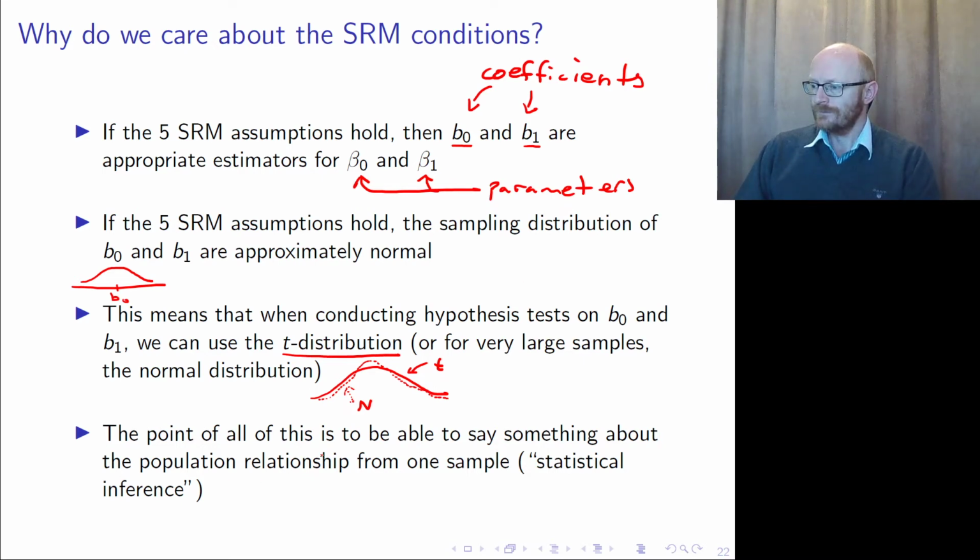So really the point here is that we want to say something or get some information about the unobserved parameters by looking at one sample from the population.